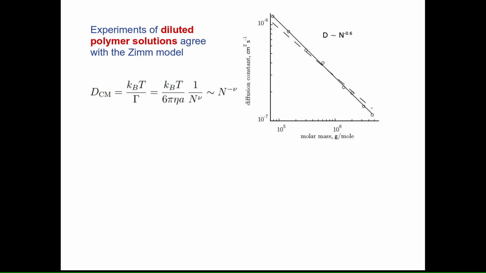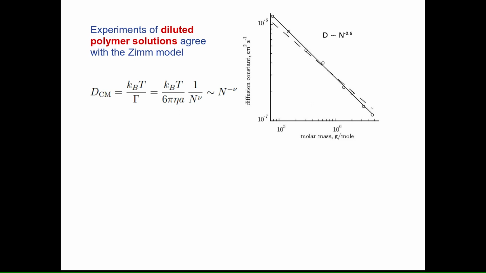Take a dilute polymer solution. What does it mean? It means I have a solvent and a few polymers, but the concentration is such that the average distance between two polymers is very large compared to their gyration radius, so they do not interact with each other. You can say an ideal gas of polymers in a liquid.